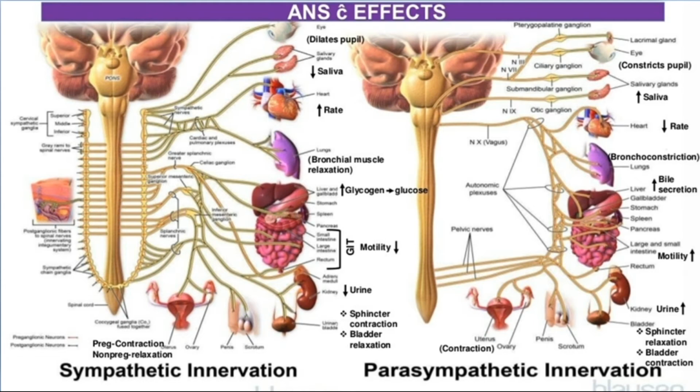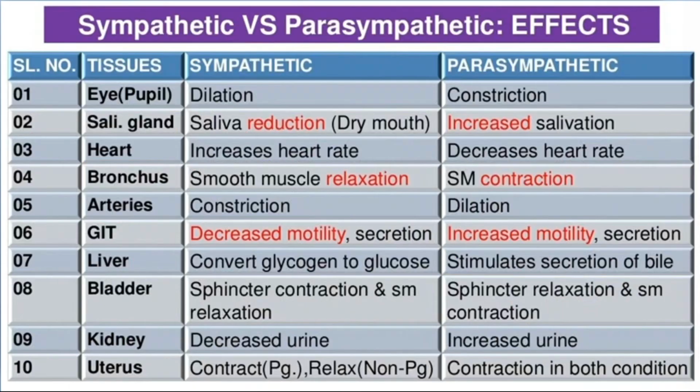Okay, and we will discuss the sympathetic and parasympathetic effects on these organs. In tissues like eye, sympathetic action is dilation of pupil, and for parasympathetic it's constriction of pupil. Sympathetic, saliva reduction, dry mouth, and parasympathetic increased salivation.